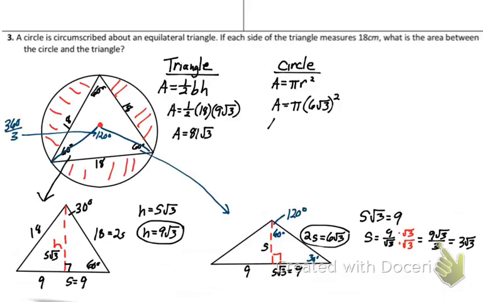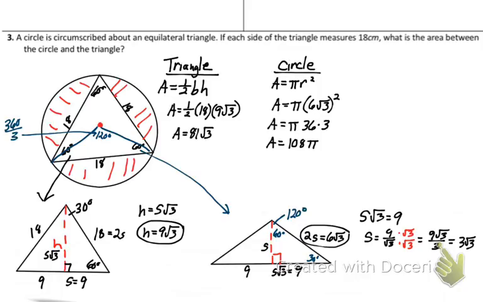Well, my radius was that 6 square root of 3, squared. I'm going to kind of work it down. So we're going to have pi times 6 times 6 is 36, square root of 3 times square root of 3 is 3. So my A is going to equal 108 pi. I got the area of my circle. I got the area of my triangle.